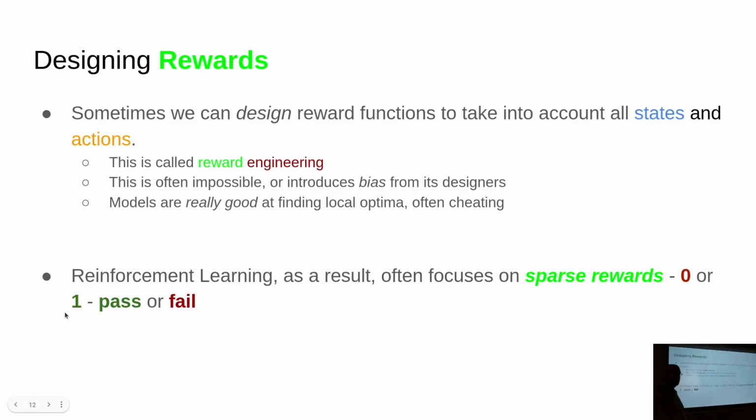So the result is that sometimes the environment or the state or whatever you're trying to simulate is way too complicated, or we want to avoid getting caught in this loop of reward and curricula engineering that we just want to sidestep it entirely. This is why a lot of reinforcement learning is focused on something called sparse rewards. This is basically 0 if you failed, 1 if you passed. Nothing else, no in-betweens. This is extremely easy to do because, if we're throwing a baseball, did the baseball go over the plate and was it a strike?